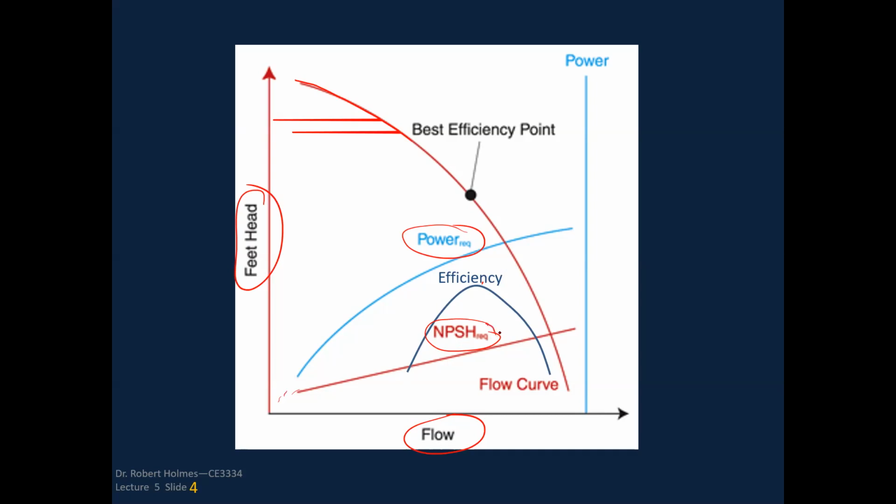And then this thing called the net positive suction head required is going to get at this issue of cavitation. You're going to have a certain net positive suction head required. That's on the inflow side of the pump. You've got to keep that at that level or above in order to keep away from cavitation, which we'll talk about later in this lecture.